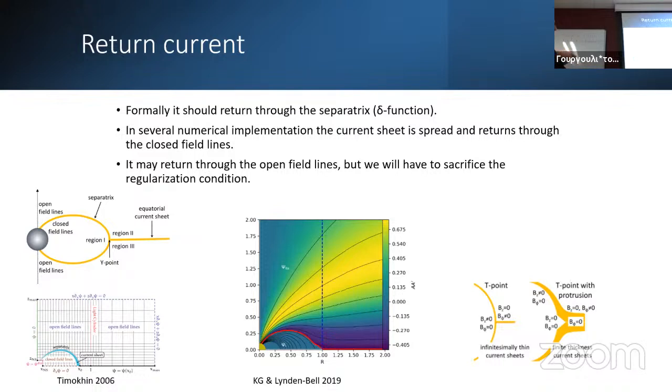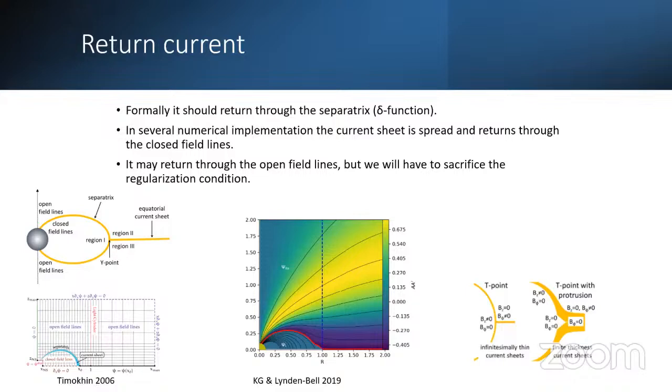So in several numerical implementations, and in the first solution by Contopoulos and several others, like the one by Timokhin, for instance, what they assumed is that the current sheet, which is not very clearly seen here, returns through the interior of the separatrix. So essentially, they assume that it goes here, and then somewhere inside this region, it returns. At the same time, instead of having a delta function, it was spread to something like a Gaussian.